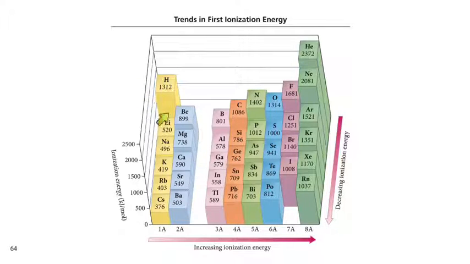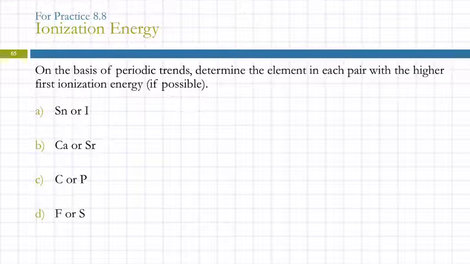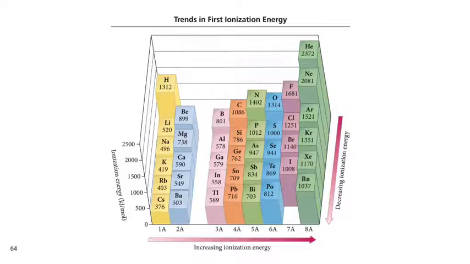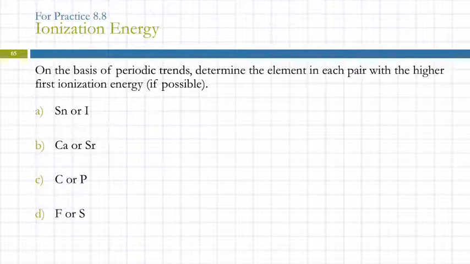As you go across, hydrogen's kind of up there, but look, lithium, beryllium, generally it's going up. On the basis of periodic trends, we're not looking at something like this, because I'm not going to give you that on a test, and you would not have to memorize this. It possibly could show up on a homework question, but I don't think so.